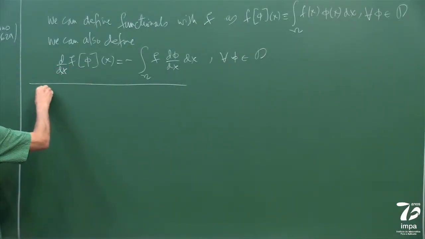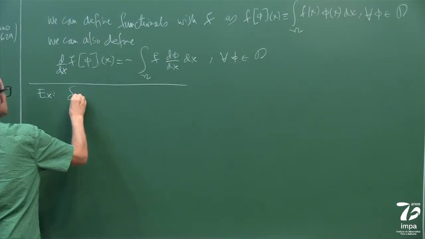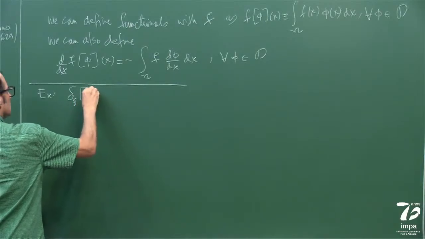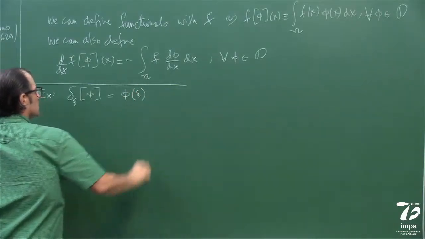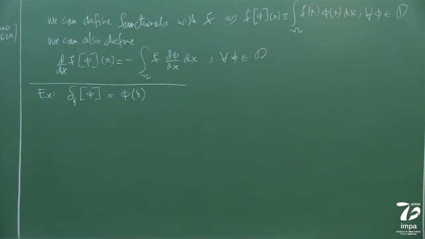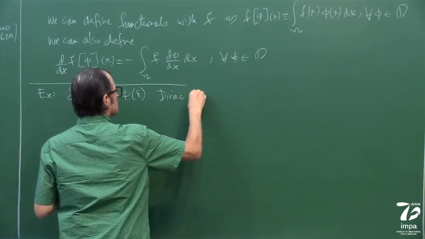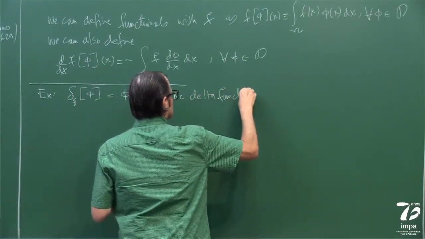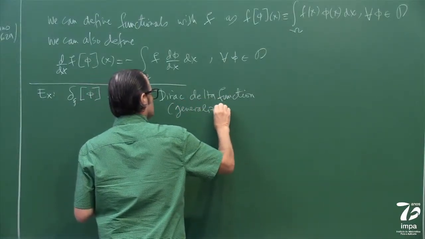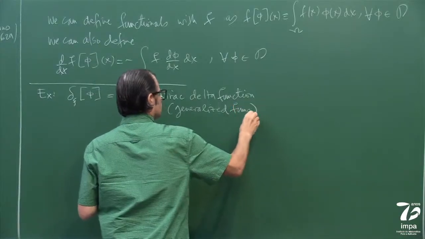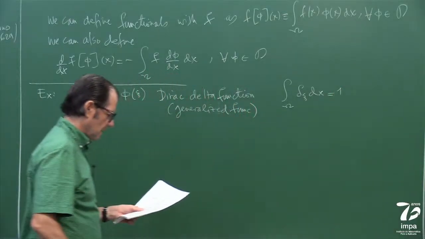So, very quickly, if you think of some examples, because I mentioned the delta function being a generalized function, I can write this as a functional, which is the Dirac delta function, a generalized function, where we have specified that it has total mass 1.